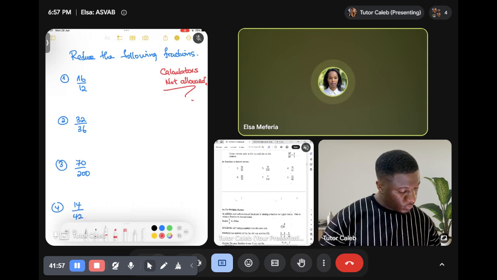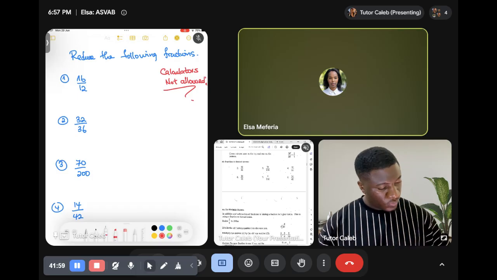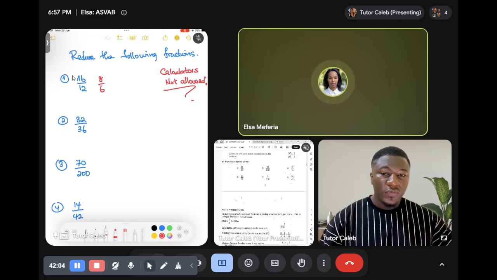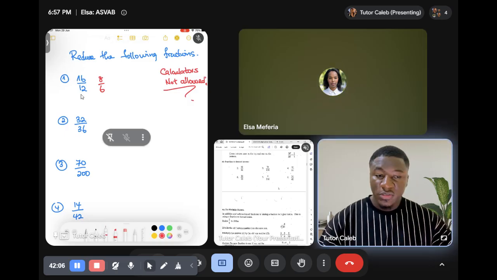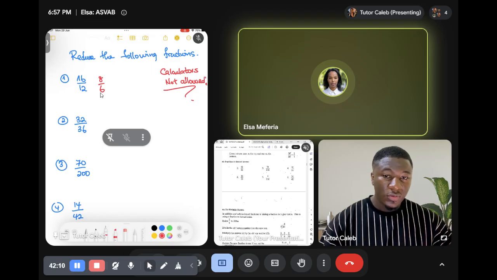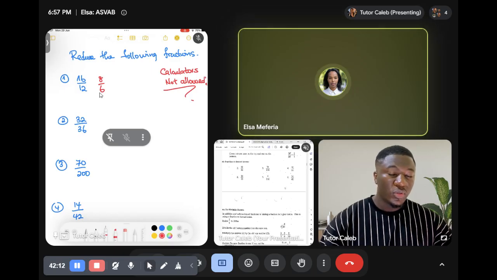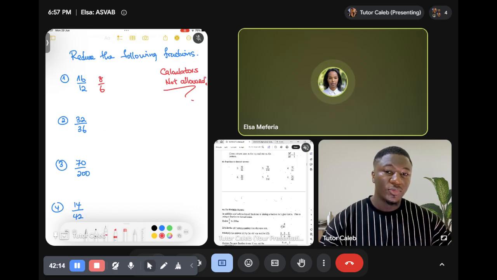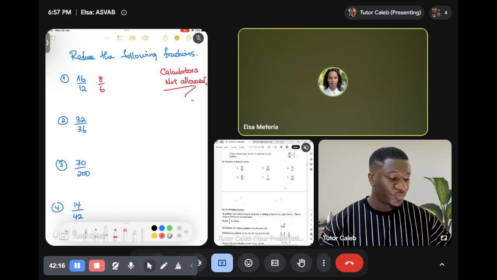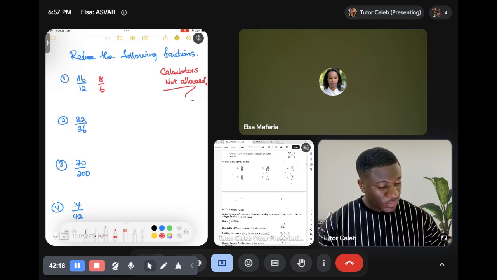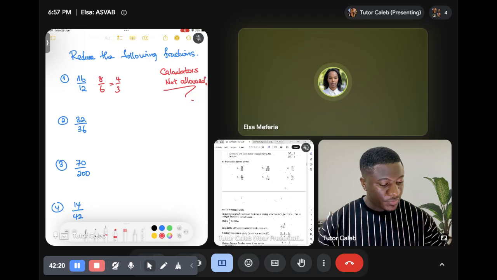Okay, the first one, is it 8 over 6? Right? And then we have to go to the smaller level, right? So now 4 and then 3.